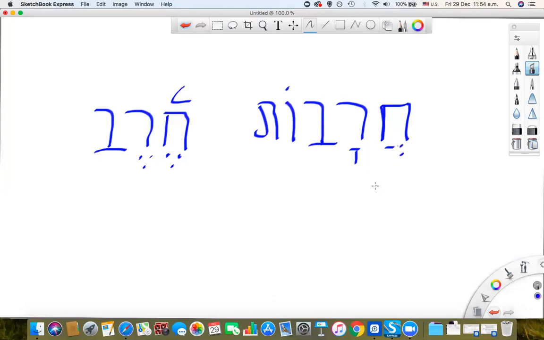And so you get haravoth. So when you add your ending, here's our accented syllable right here. Here's our open pretonic, or originally open propretonic or pretonic syllable. That's going to become a long vowel. And then your originally open propretonic syllable reduces to a vocal schwa. But because it's a guttural, it has to take a composite schwa.